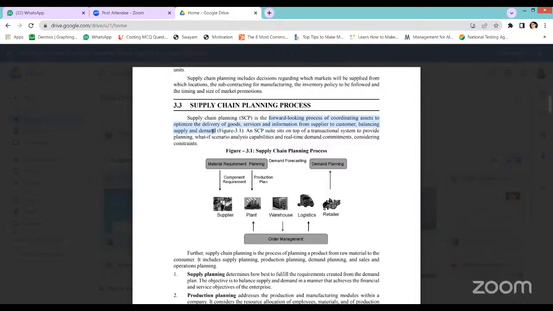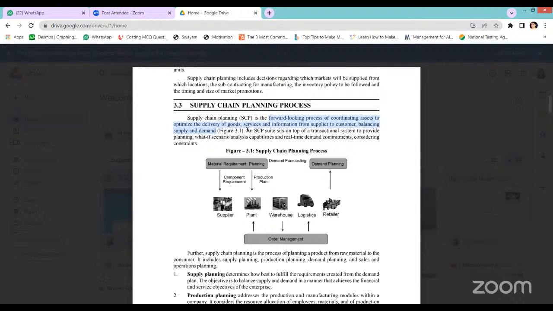So it involves a forward process in coordinating the assets to optimize the delivery of goods, services, and information from the suppliers to the customer, so that the organization can balance supply and demand. This is the important line which you are supposed to start with in your answer when you get a question on the supply chain planning process.